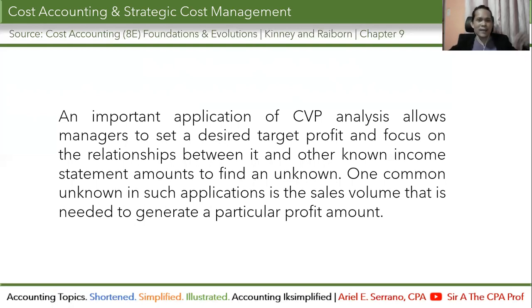How do we determine those that are unavailable as of the moment? But in any given case, we can compute the unknown because of the given information. So one common unknown in such applications is the sales volume that is needed to generate a particular profit amount.